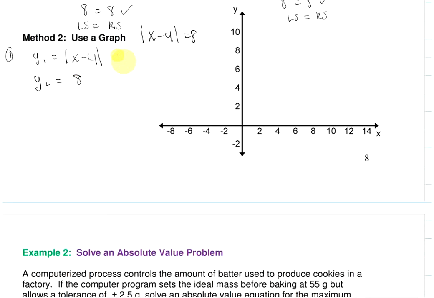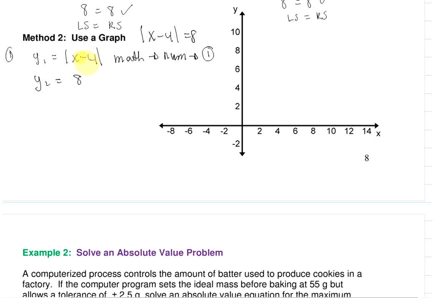To find absolute value on your graphing calculator, you want to go to Math. And I think you want to hit your right arrow key to where it says Number on the top of your screen, and then you want to choose item 1.